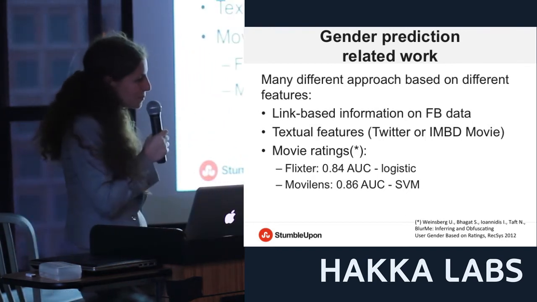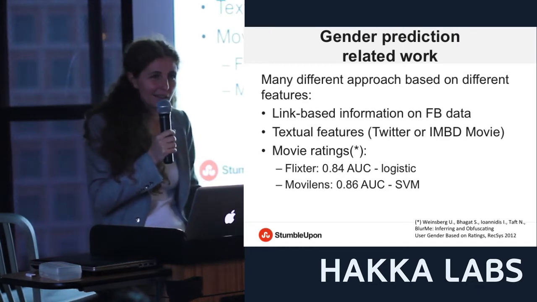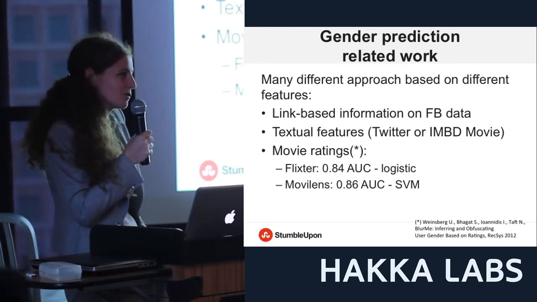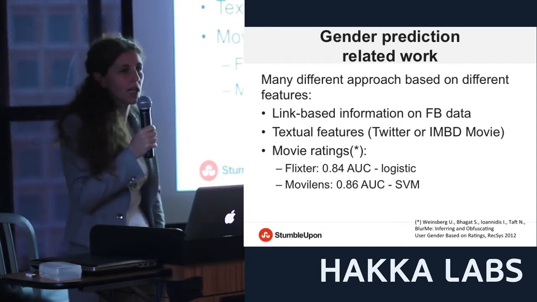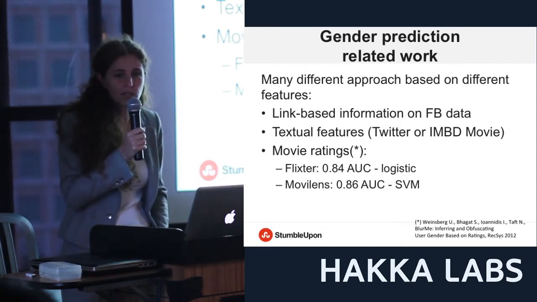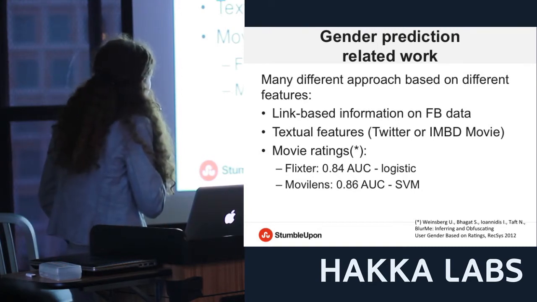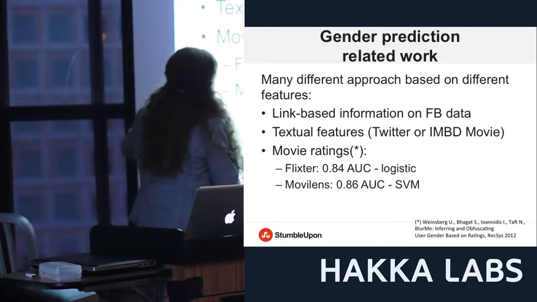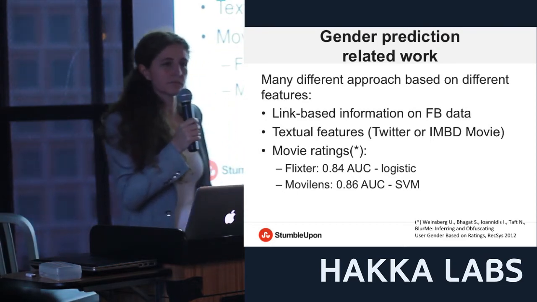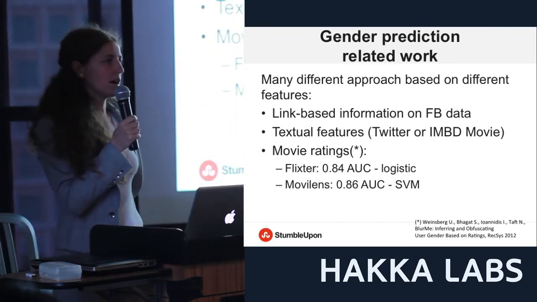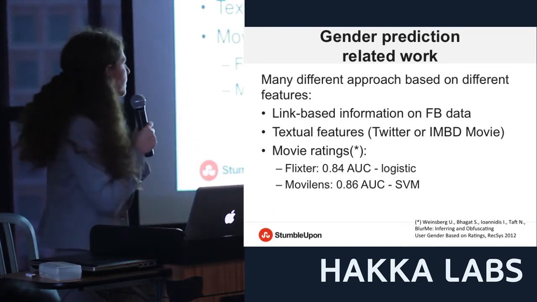And surprisingly, I found a lot of related work in the literature, even recent work, trying to solve the problem of gender prediction. There are some methods that just use link-based information, for example in Facebook, and they infer gender just from the social network.